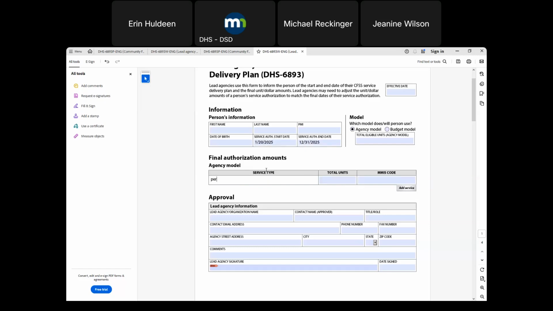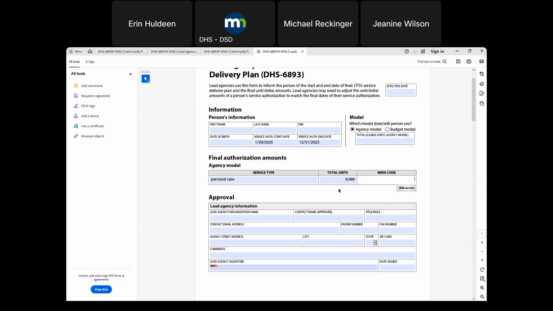Okay, and then we can do personal care. And 10,000 units was the amount that was available when the person started on January 1st. So those units may be prorated. So I'm just making them up right now, and I'm going to say that they're actually approved for 9,980 units or something.